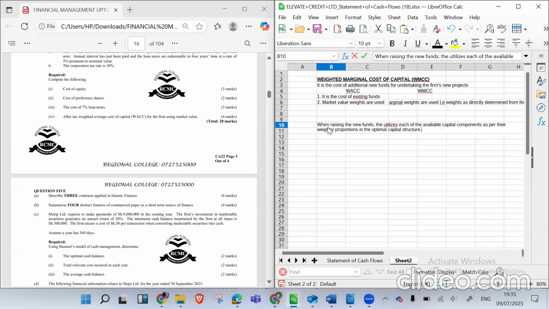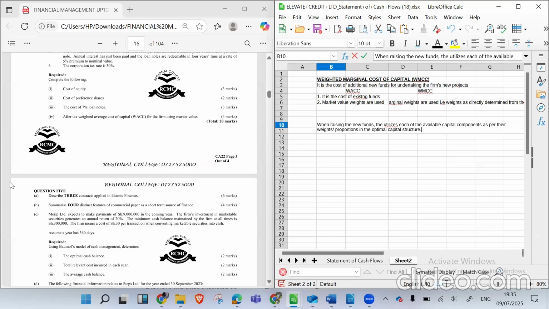So if I want to raise a total of 10 million, I look at my capital structure. For WMCC, the capital structure must be optimal. Out of the 10 million, I must raise part of it from equity, part of it from preference shares, part of it from debt, depending on the composition of my capital structure.